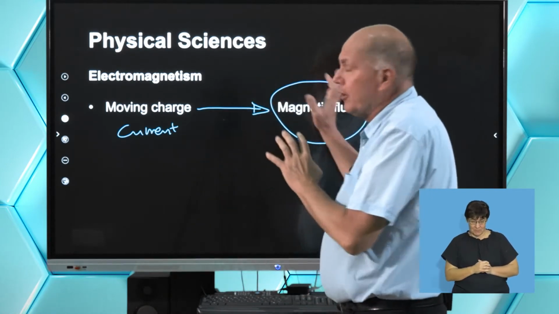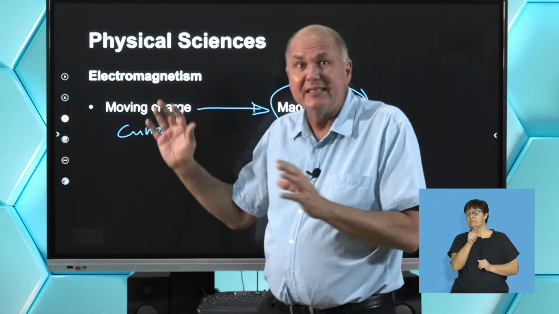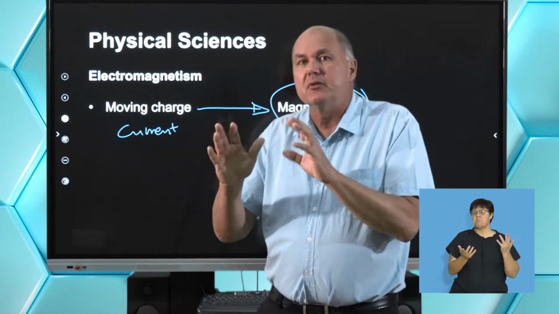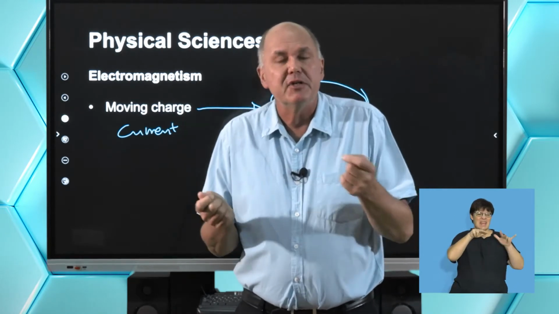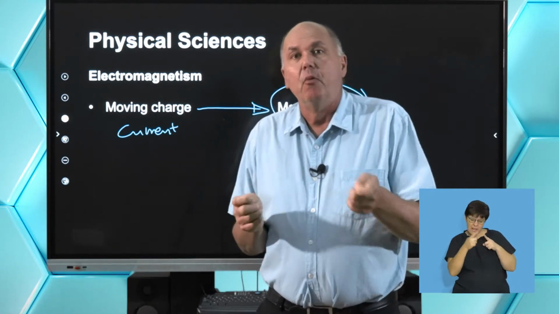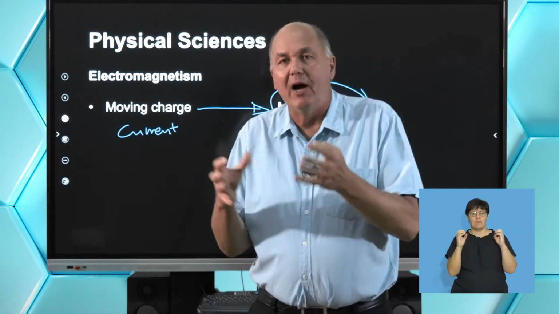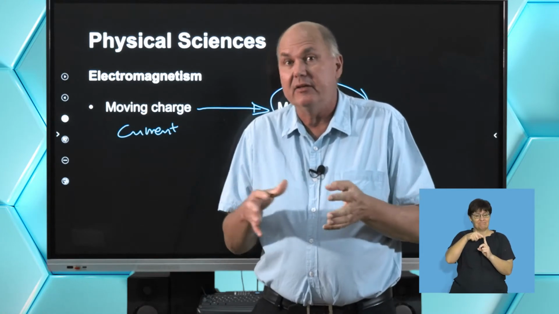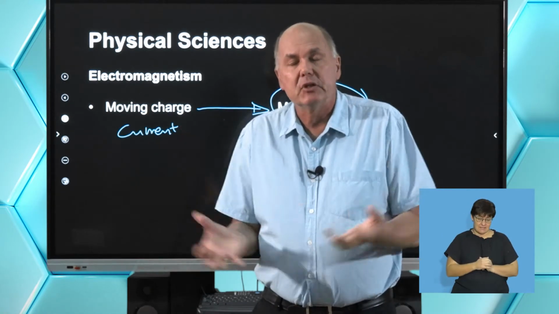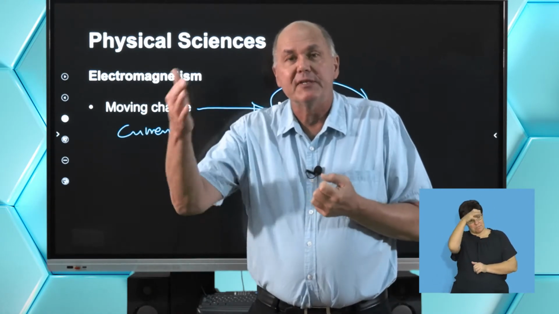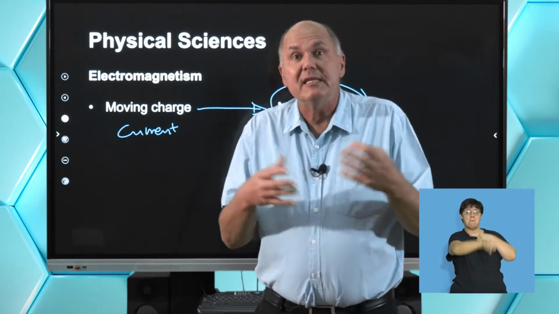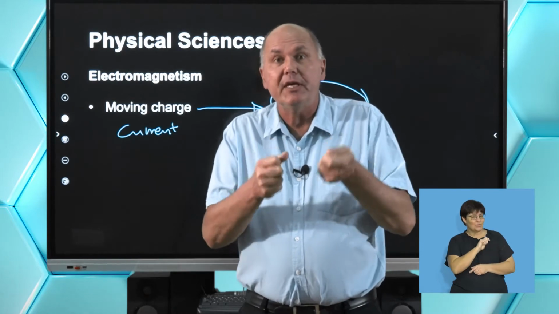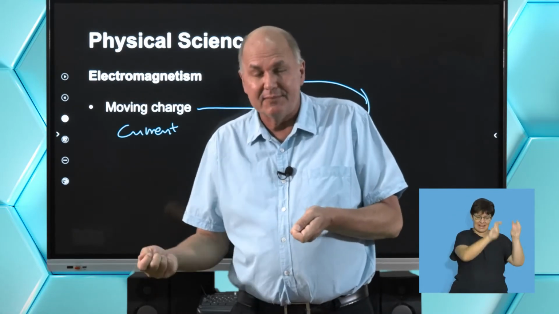Now, this was the state of affairs in the middle of the 1800s. Ørsted had been playing with working out magnetic fields around a conductor. This physicist from one of the Scandinavian countries made a breakthrough, seeing that there was a relationship between electricity and magnetism.